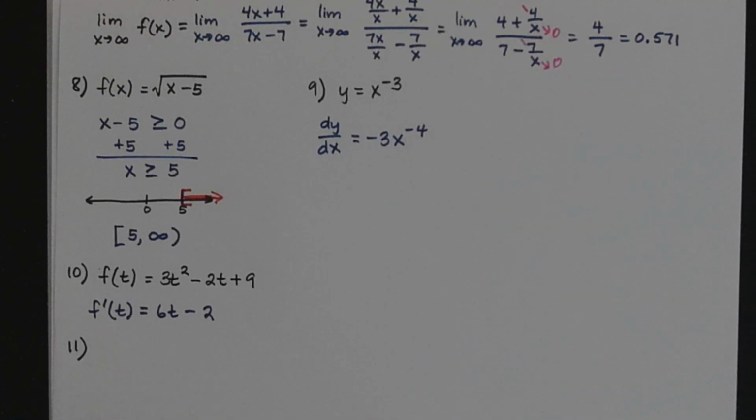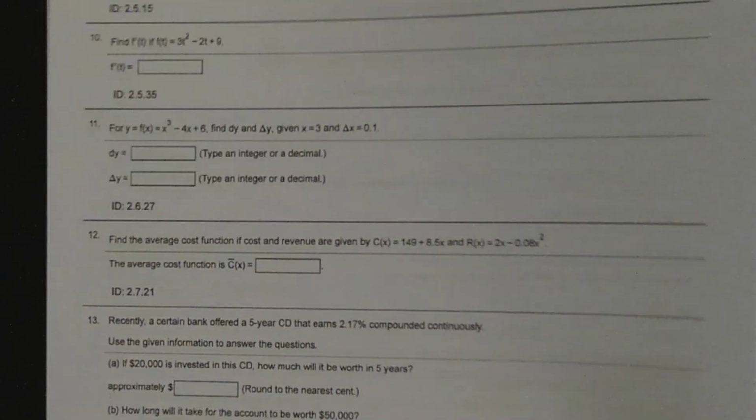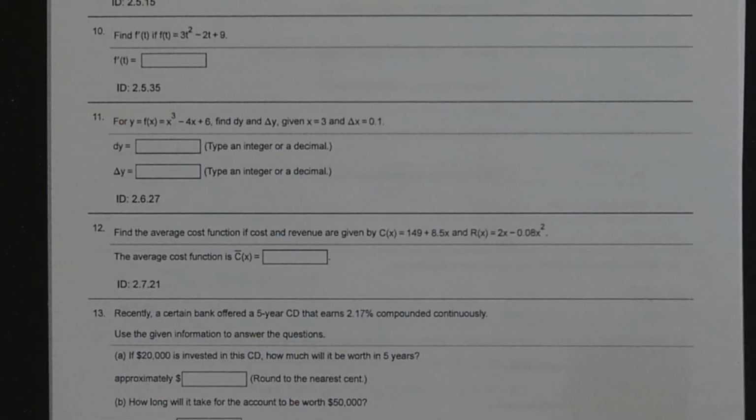Okay, now problem number 11, we've got y equal f of x, which is equal to x cubed minus 4x plus 6, and they asked you to find dy and delta y, given that x is equal to 3 and delta x is equal to 0.1.